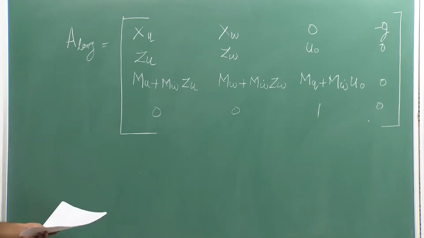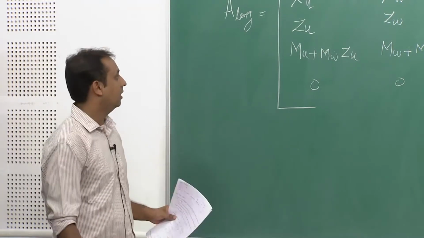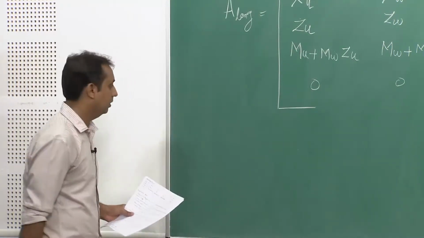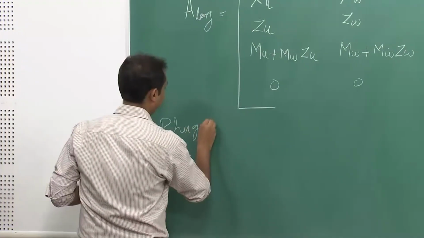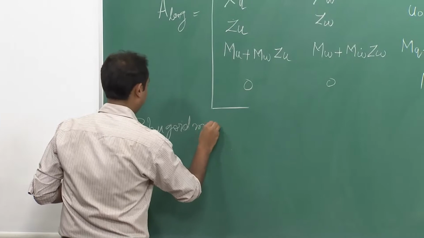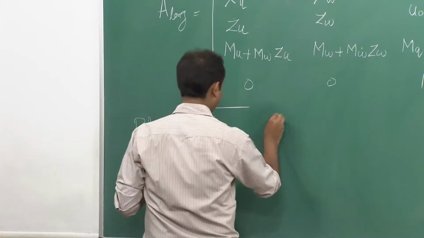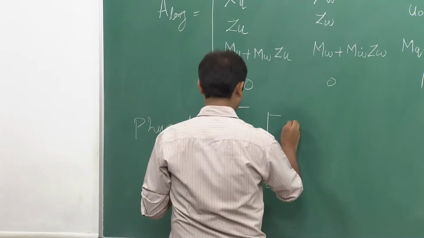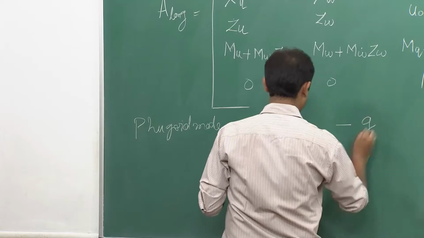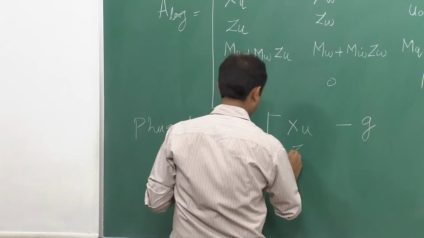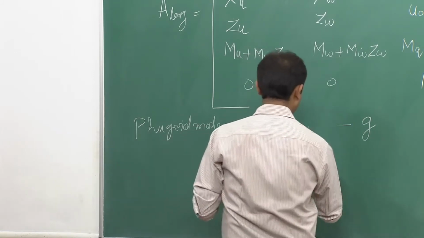Now in longitudinal mode there are two modes, short period mode and phugoid mode, and the approximation matrices for those are, for phugoid mode, the matrix will be given by XU, minus G, minus ZU upon U naught, 0.